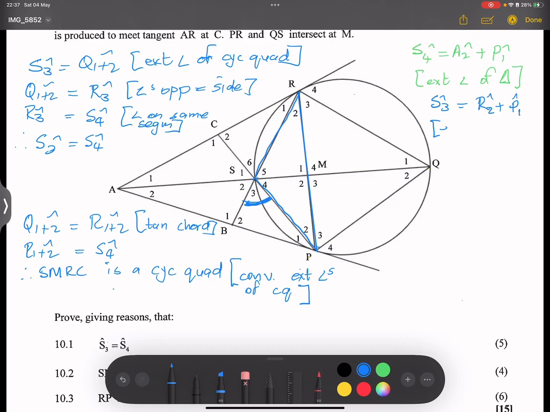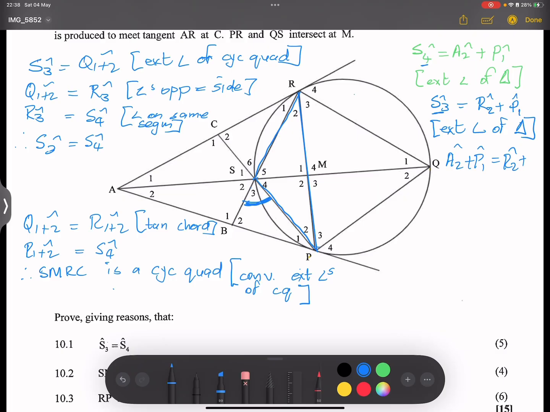It's also an exterior angle of that triangle. Now, we've proven S3 equal to S4, so then what that means is that A2 plus P1 must be equal to R2 plus, okay, so let's see.